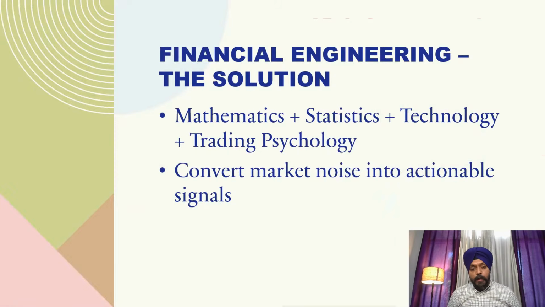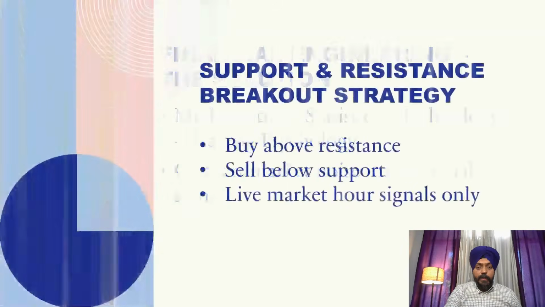The solution is the combination of mathematics, Gann square, statistics, financial market data, publicly available information, and technology. Here I'm talking about spider software, plus the trading psychology, that you have to trade as per the market momentum and not become addicted. You have to be very, very disciplined.